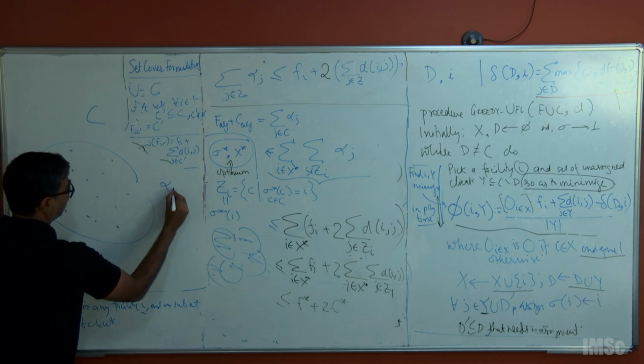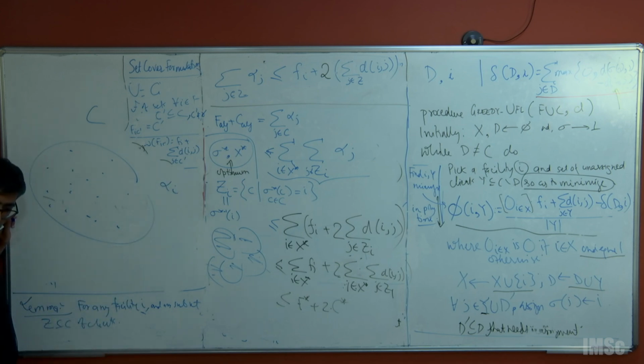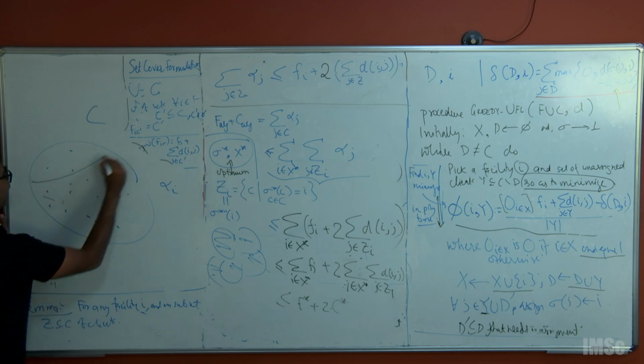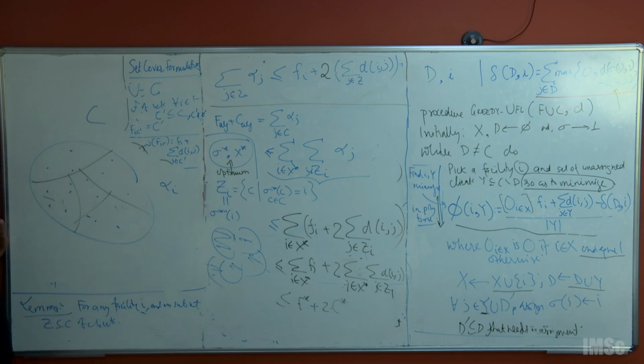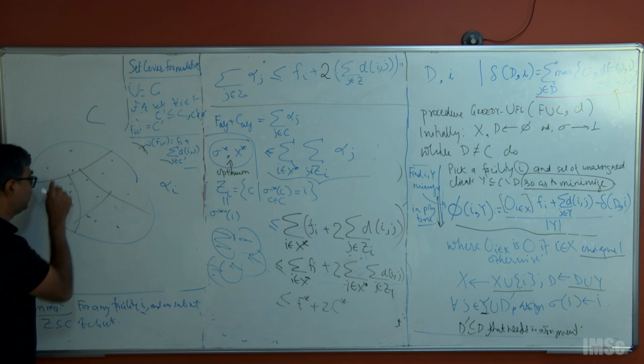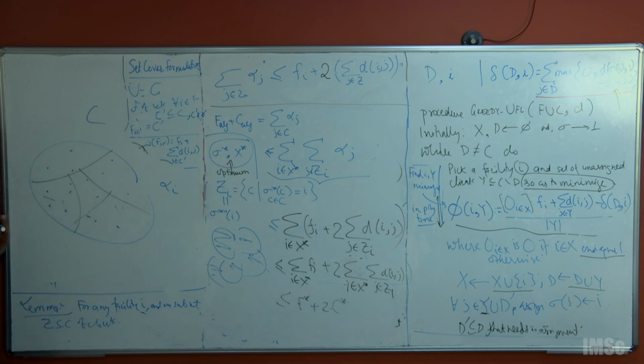Each client has some alpha. Agree? Yes. So the summation of alpha is this. Now what is this Z_i? It partitions this set into some parts. And now I sum in each. Will the sum be different? It won't be different. Then what's the problem here? The j belongs to Z_i part is what I'm not able to understand.